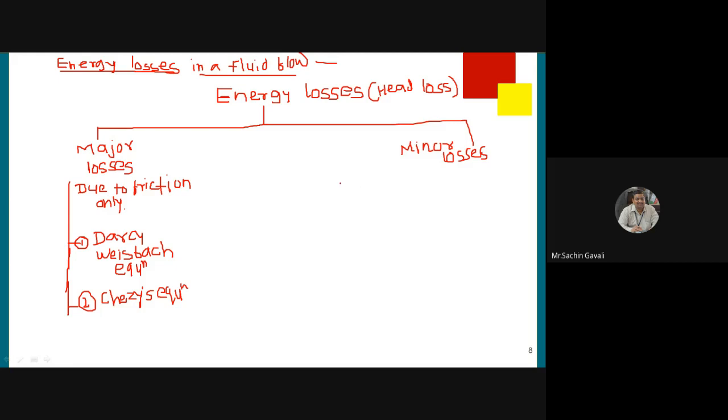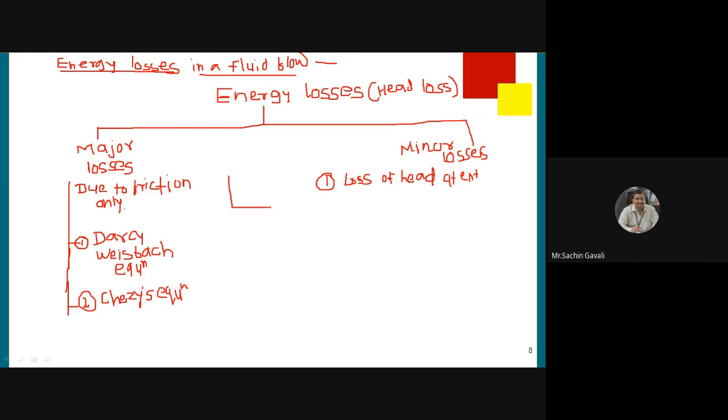So what are the minor losses? We will see a formula afterwards, but now at least how to calculate. First minor loss is loss of head at the entrance of pipe. So when the fluid is entering into the pipe, some energy losses take place.